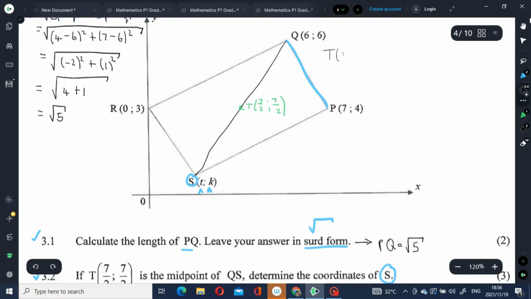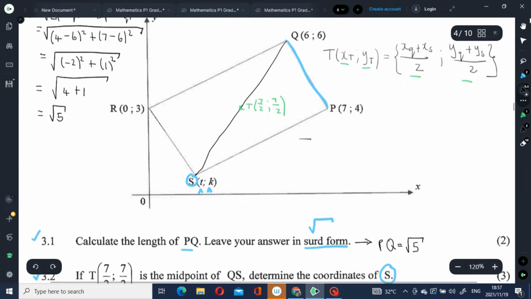So midpoint T, with the X coordinate of T and Y coordinate of T, should be equal to X coordinate of Q plus X coordinate of S divided by 2, and Y coordinate of Q plus Y coordinate of S divided by 2. Notice that XT is equal to that, and YT is equal to that, right?